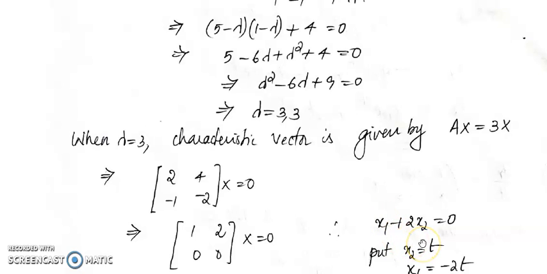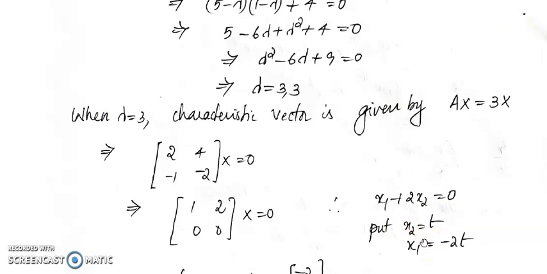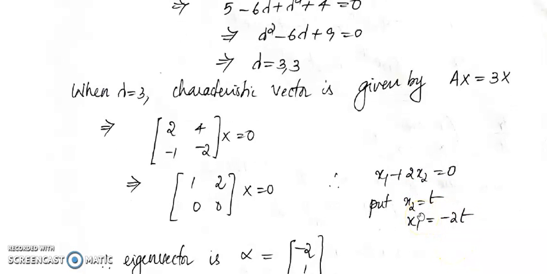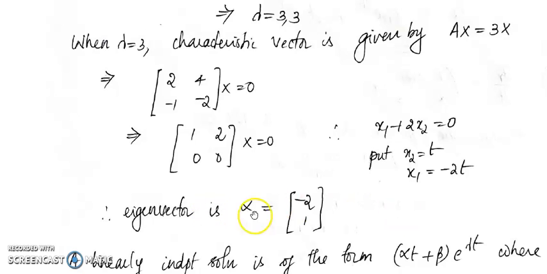Let me put x2 equal to t, that will give x1 equal to minus 2t. Therefore the eigenvector is a multiple of the vector minus 2 1. So the eigenvector alpha will be equal to minus 2 1.